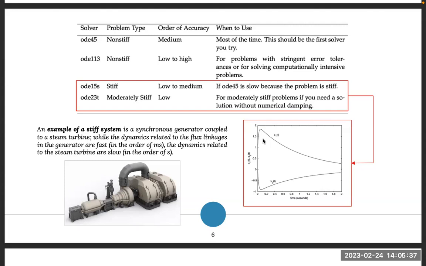So these things are going to change very fast, and then you're going to have all the other dynamics. So this is an example of a stiff system where you have fast dynamics and slow dynamics. In power systems, we do this. If you want to study what is happening in the generator, you can assume that the mechanical torque is constant. Given that this is constant, you analyze in a very small time scale what is going to happen with the generator when you make all the changes.